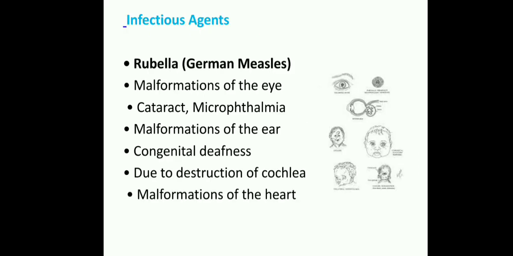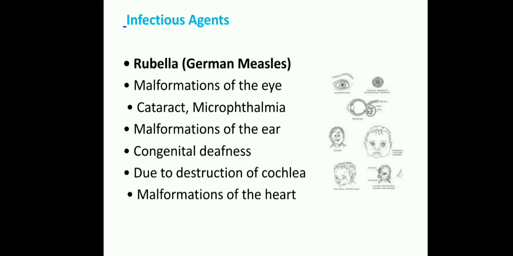And the next one is infectious agents. We will discuss them one by one. First, what are the infectious agents? The first one is rubella or German measles. If the mother is suffering with rubella, how may the baby be affected? We will discuss one by one.